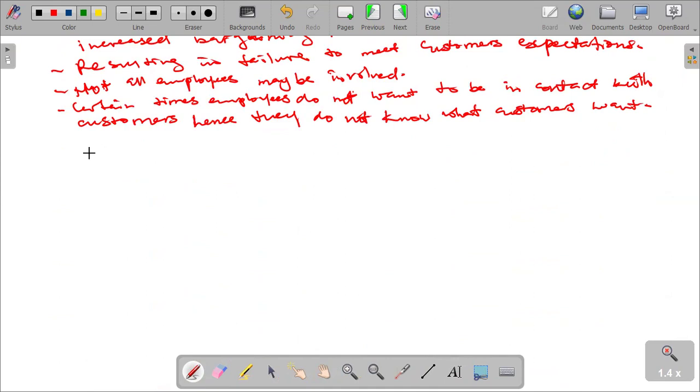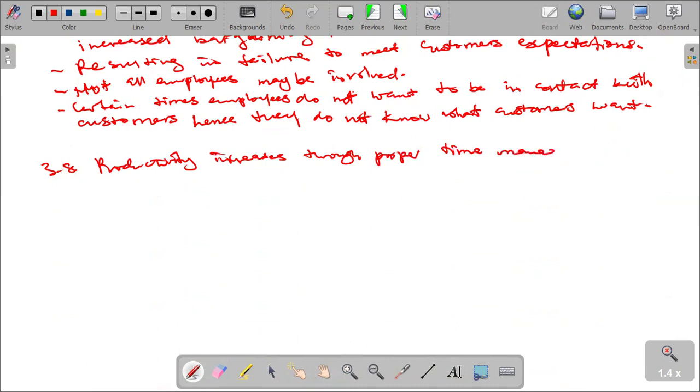3.8, we are saying productivity increases through proper time management.